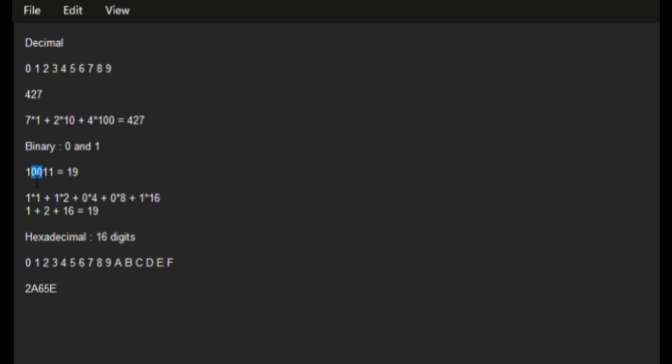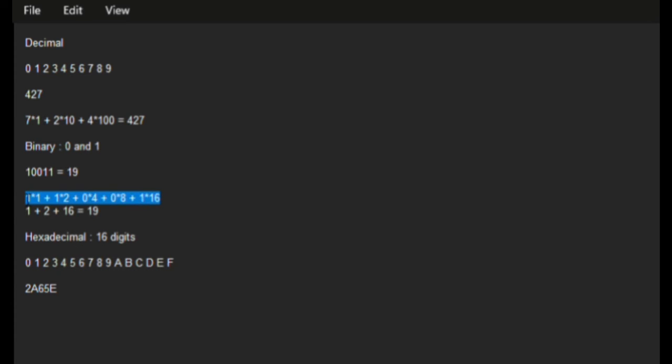And on the 4's place, this time we have 0. Which means that's just 0 times 4, very easy. Same thing on the 8's place, which is the 4th place. Then finally we have a 1 on 16.